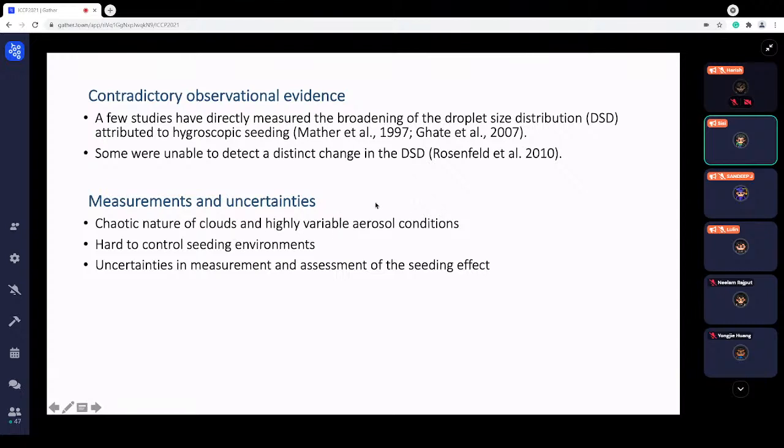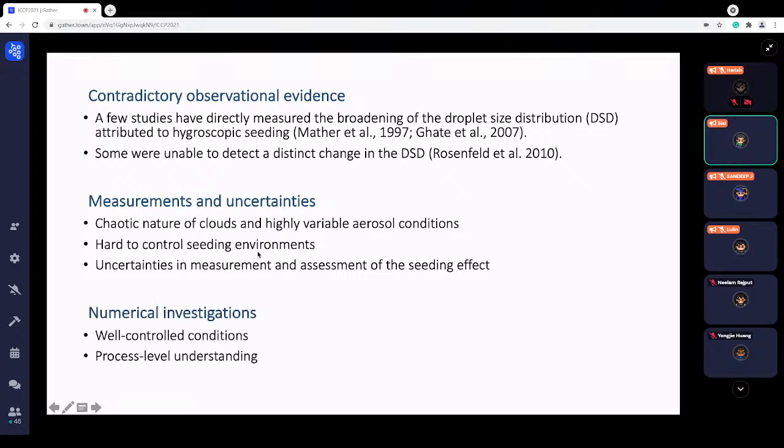The variability of the convective clouds is really high, and we also have high variability in the aerosol conditions as well. So in this context, numerical models with constraints from the observations become valuable for evaluating the seeding impact, and they can create well-controlled conditions and also relatively realistic conditions and provide a process-level understanding of the seeding effect.